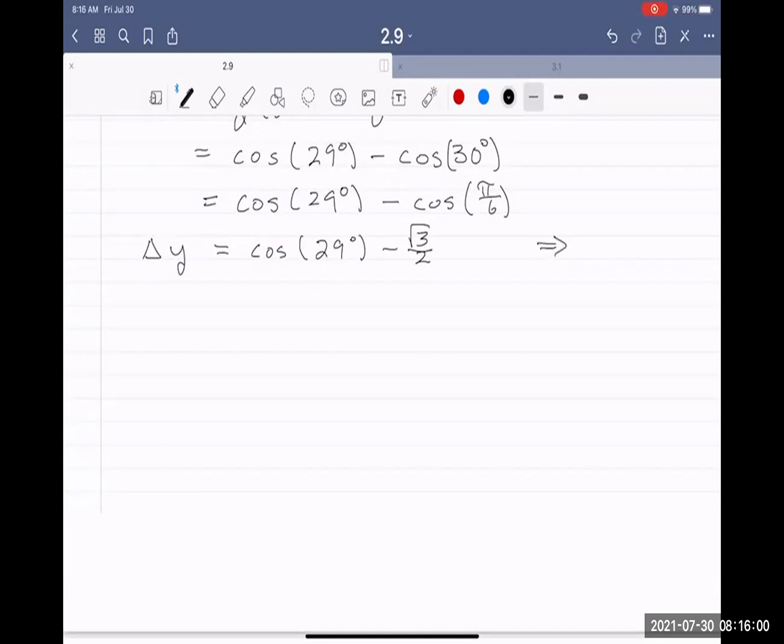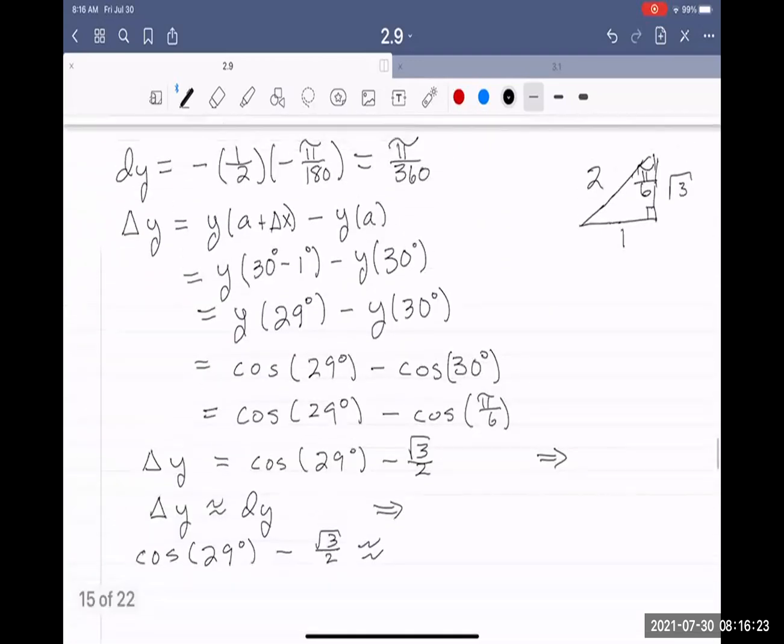And so delta y approximately equaling dy says that the cosine of 29 degrees minus rad 3 over 2 is approximately equal to pi over 360.